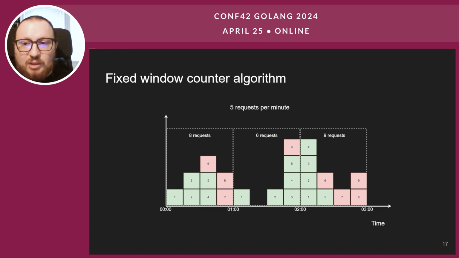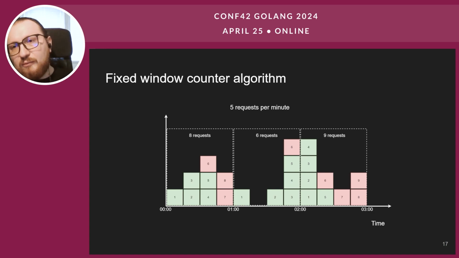Each window has a request counter that allows the algorithm to keep track of how many requests occur within each window. As a request arrives, the algorithm checks the current timestamp. It decides which window the timestamp falls into based on the window size and the starting point of the current window.